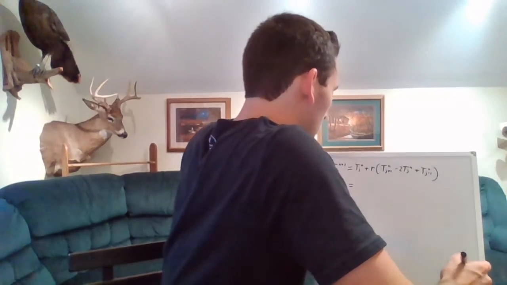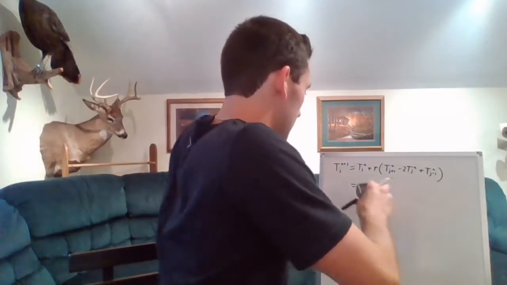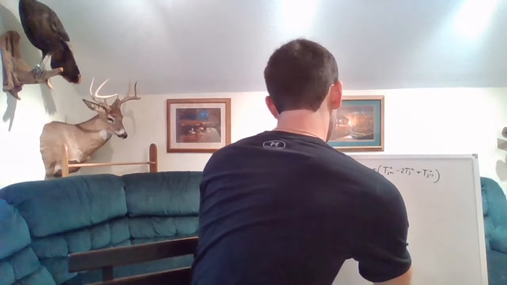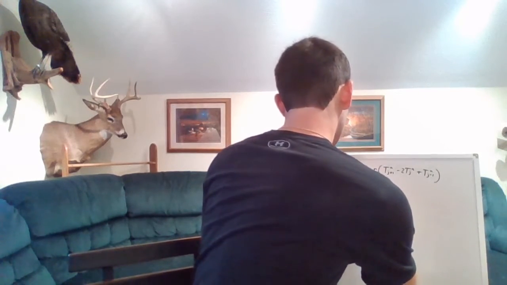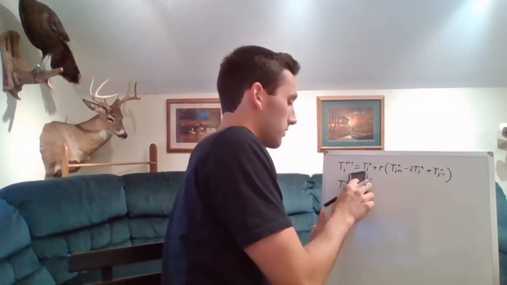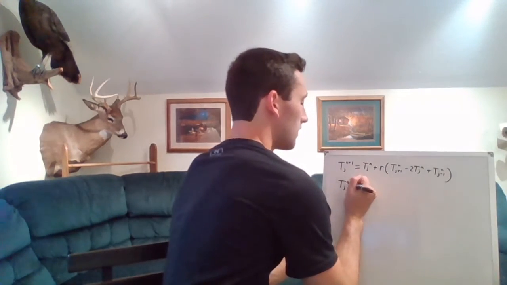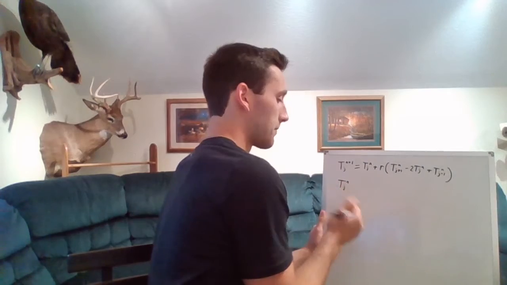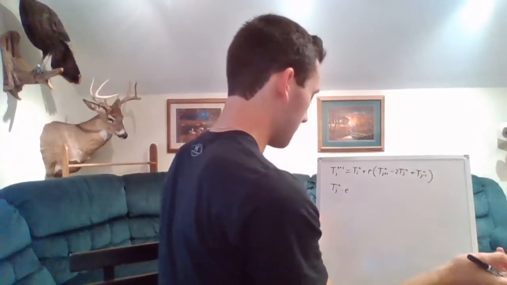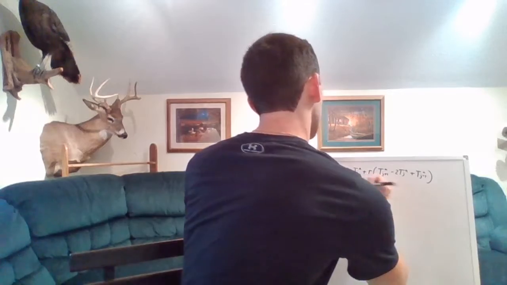So here we are actually going to have T_j^n, which is current position, current time, multiplied by e to the negative alpha k squared t.